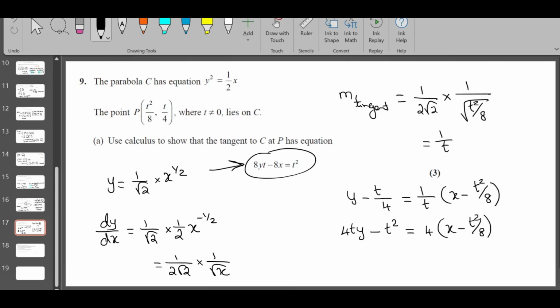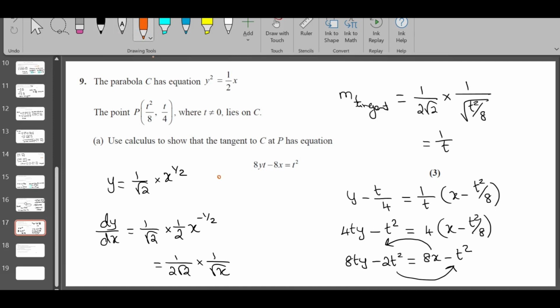Multiply through again by 2 to get rid of the fraction. You'll get 8ty minus 2t square is, when you multiply this by 2 it becomes 8, and open the bracket you'll get 8x minus t square. So put the 8x this side, and you've got the equation already. Therefore 8yt minus 8x is equal to t square.